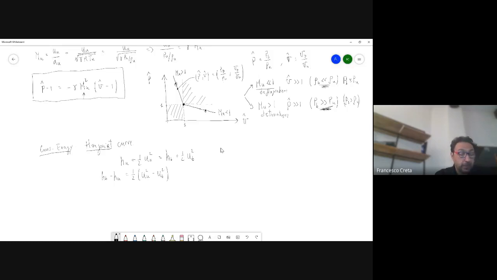right? So I can, for example, factor out UU squared, and I'll get 1 minus UB squared over UU squared.